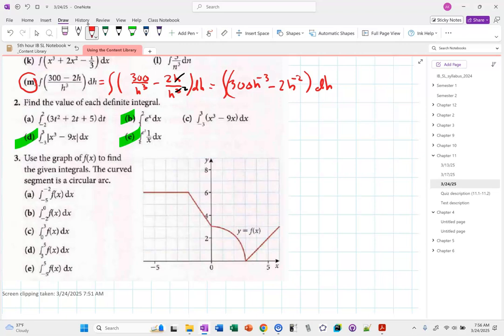And then E, remember that our antiderivative rule that we have doesn't work for an exponent of -1, which is what you have with the 1 over x there. Does anybody remember what I told you that the antiderivative of 1 over x is? It's the natural log, yeah.